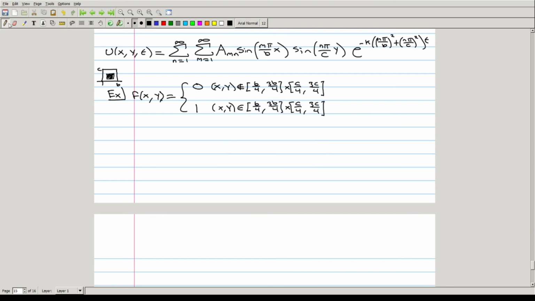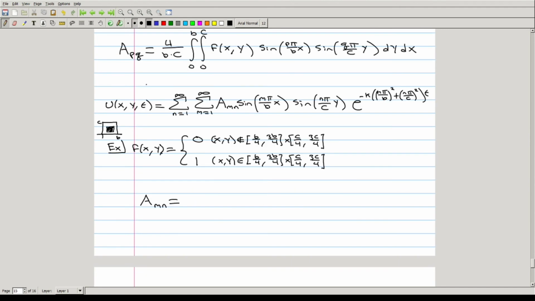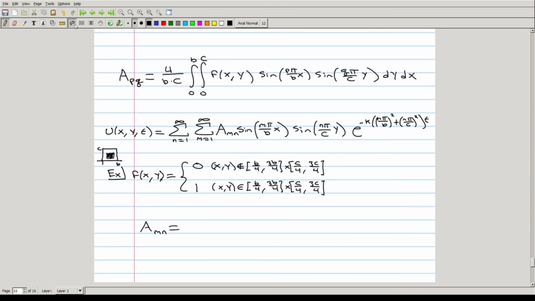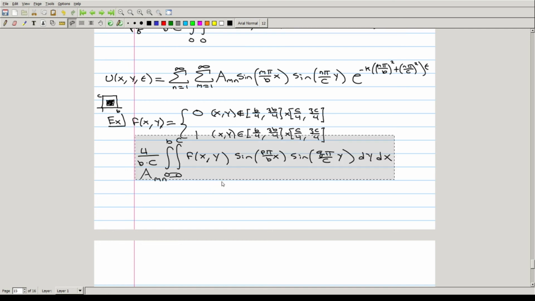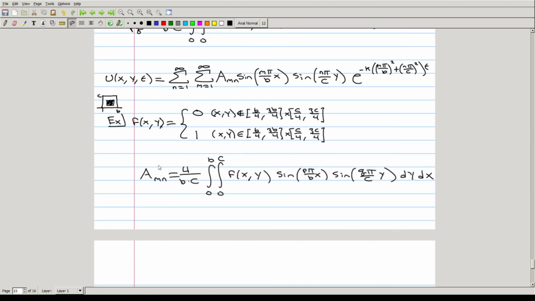And when we do this, we end up getting that the integral for A_MN will simplify very nicely.